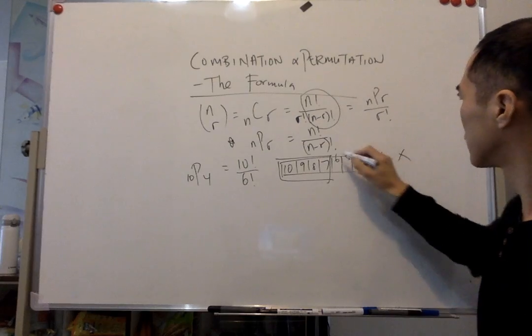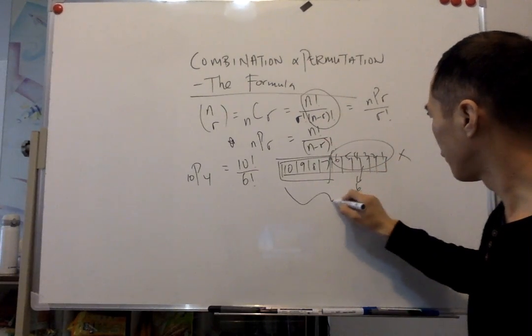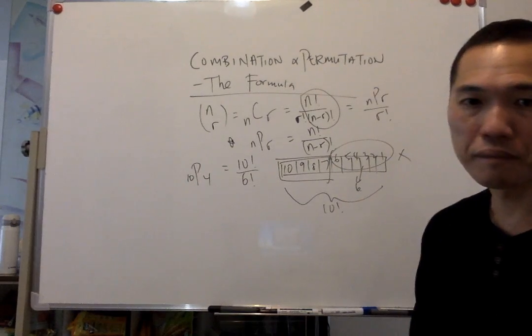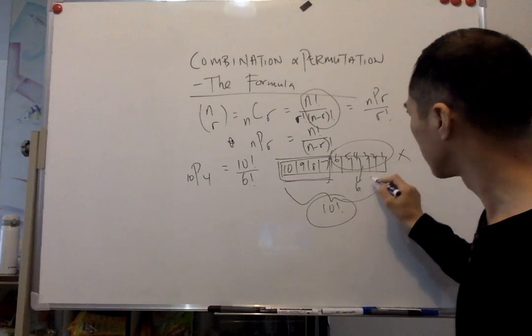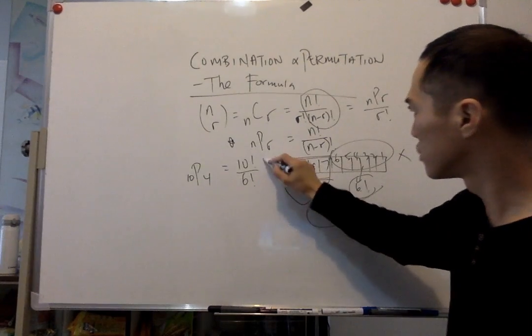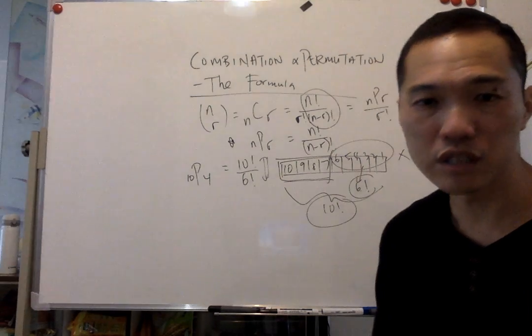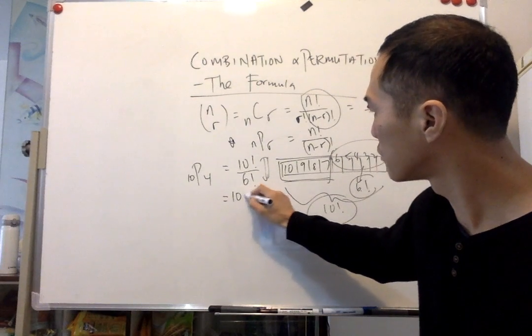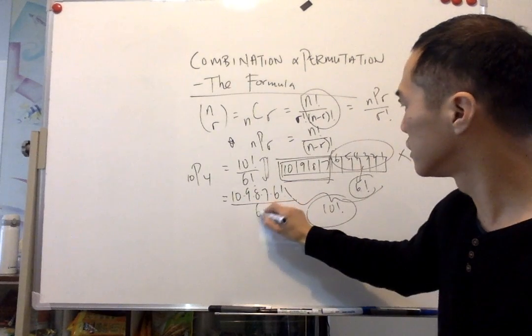Which part don't I need? This one is 6 factorial. The whole thing is 10 factorial. In order to get the first 4, I need to take 10 factorial divided by 6 factorial. So this is how it looks: 10 factorial over 6 factorial, which is equal to 10 times 9 times 8 times 7 times 6 factorial over 6 factorial.